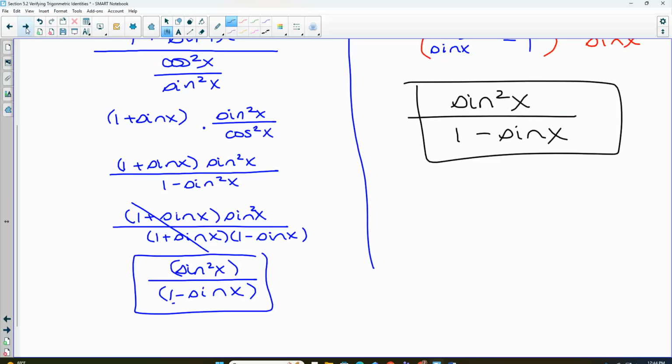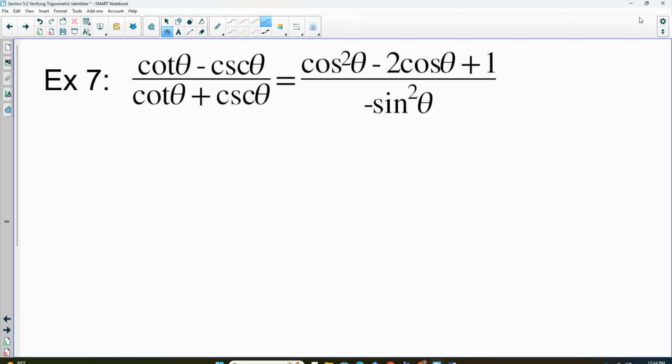Let's try another one. All right, neither side is beautiful.